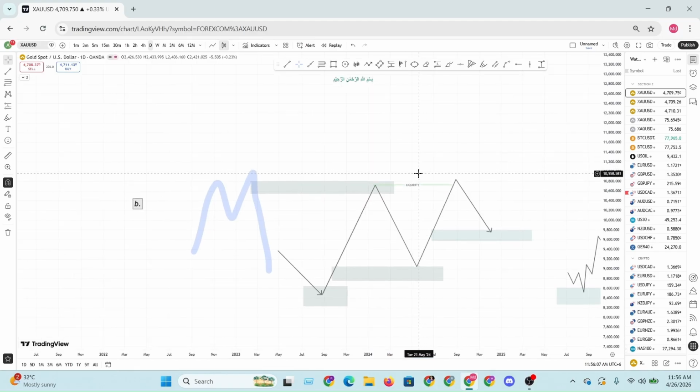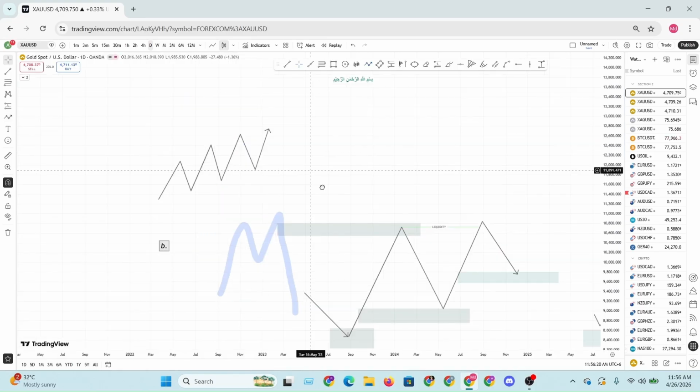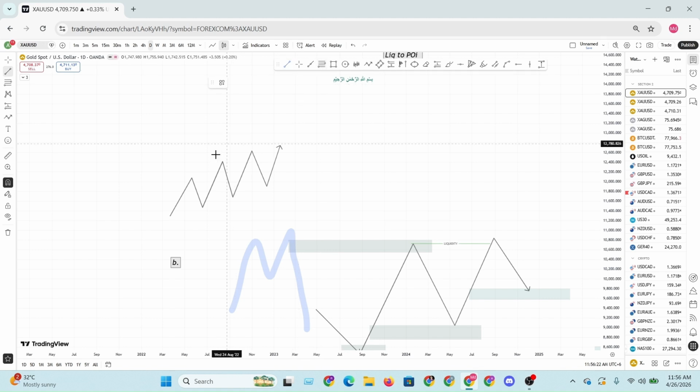Why do we call this liquidity? Because swing highs and swing lows are where buyers and sellers are putting their stop loss. So these types of highs and lows are our liquidities.